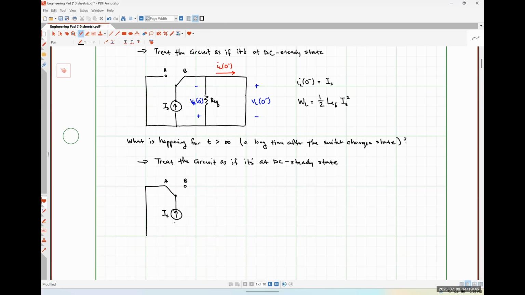Here's our current source IS, and over here on the right is our network. Here's our REQ. Once again, our LEQ is going to look like a short circuit because we're assuming we're at DC steady state. We've waited long enough for that to happen.